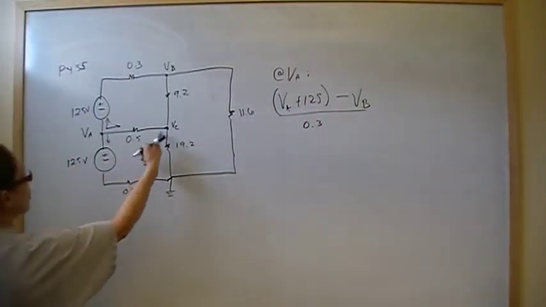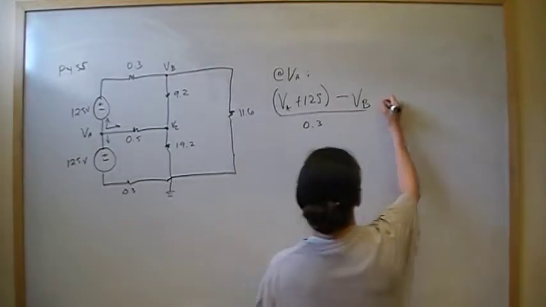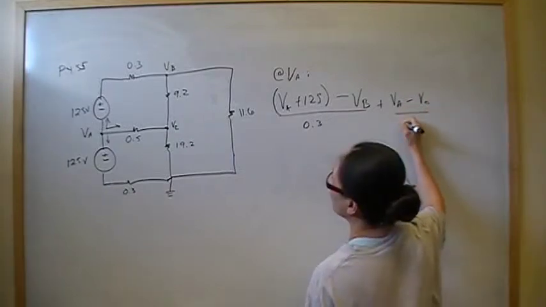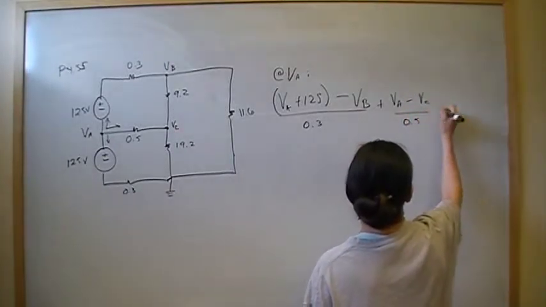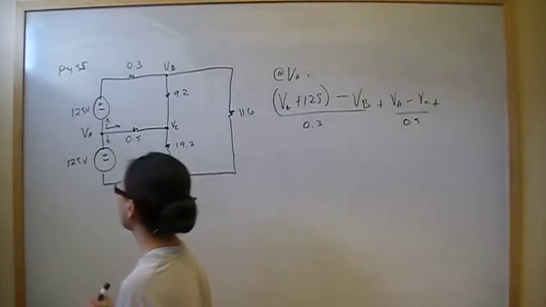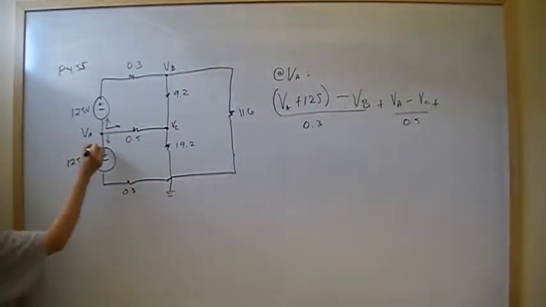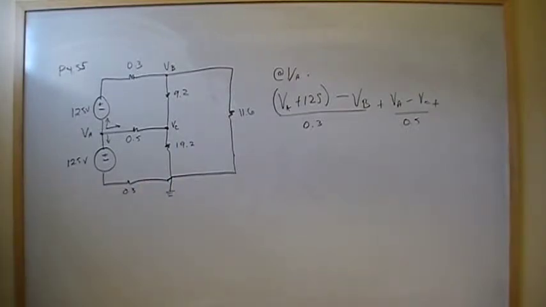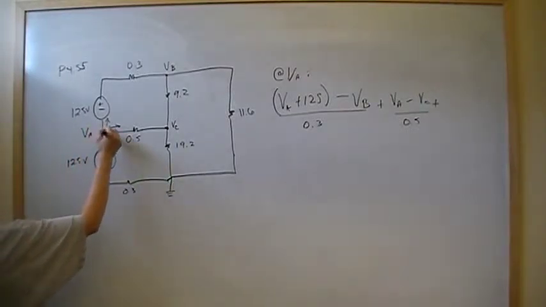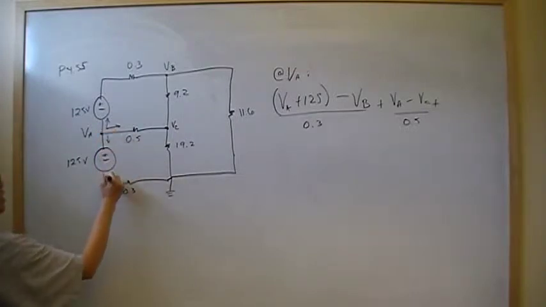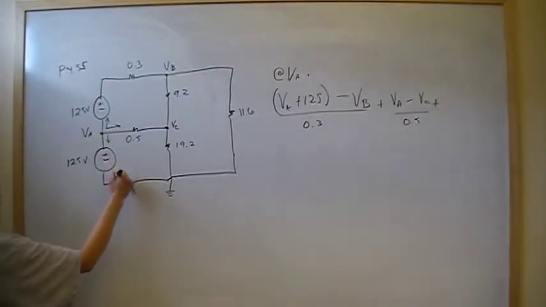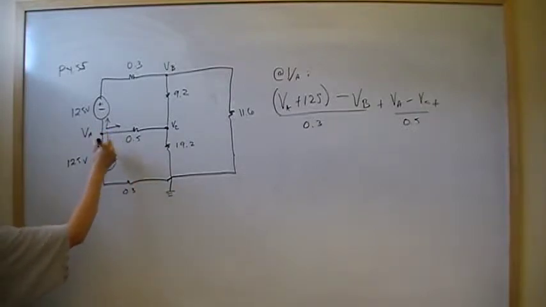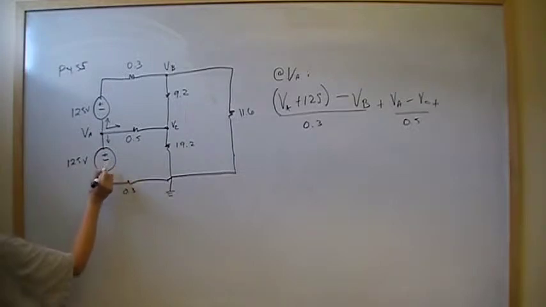Current number 2 is extremely straightforward, thankfully. The second current is VA minus VC over 0.5. The third current leaving here starts at VA, and it's going to be minus 0 because our reference node is the ground. As this current is leaving, it's going through this independent 125 volt voltage source, and it goes from plus to minus.